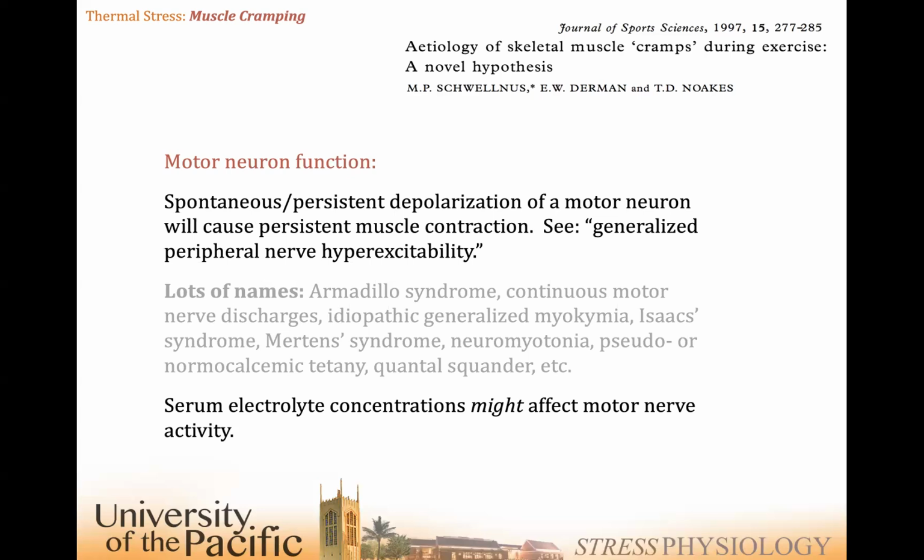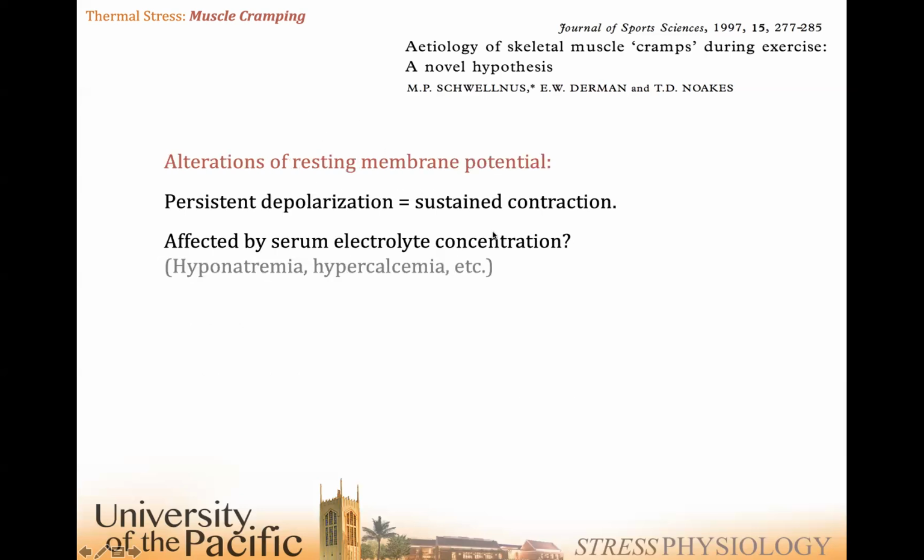Maybe there's something going on there, right? So the primary motor cortex, alpha motor nerve, voluntary muscle stimulation. Maybe there's some dysfunction there. That's a possible explanation. Resting membrane potential, if that gets a little bit messy.